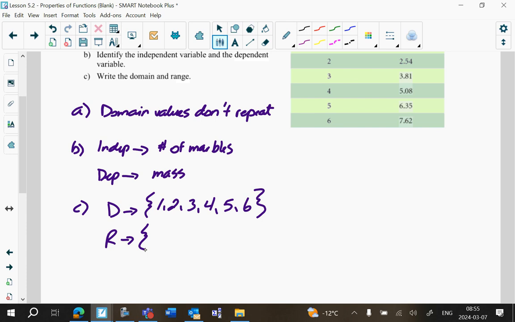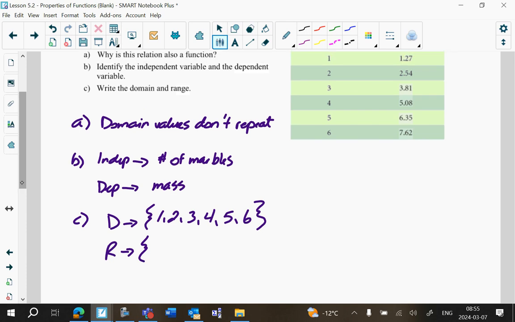So we get 1.27, 2.54, 3.81, 5.08, 6.35, and 7.62.